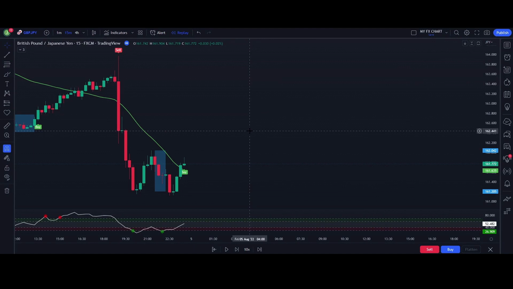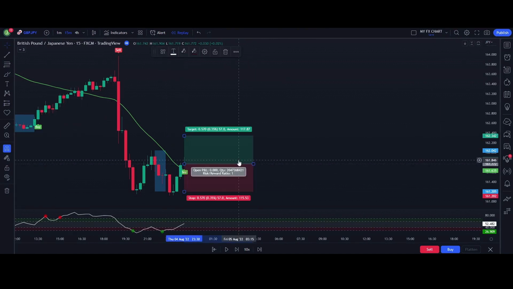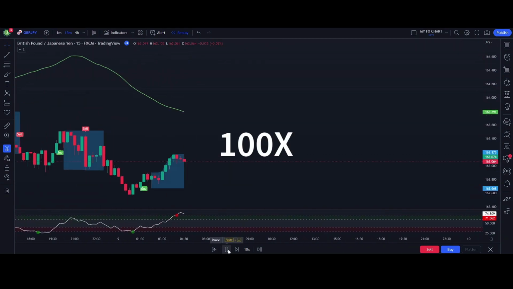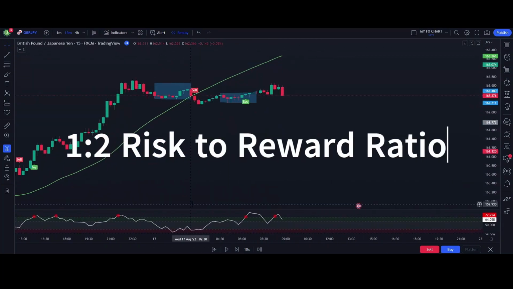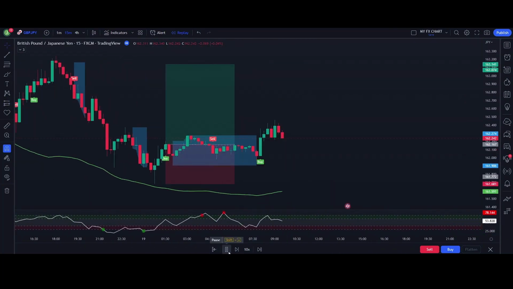Now that we've set up our indicators and established our rules for trading, it's time to put our strategy to the test. We're going to backtest the strategy 100 times with an initial account size of $1,000, and we'll be using a 1-to-2 risk to reward ratio for our backtest.